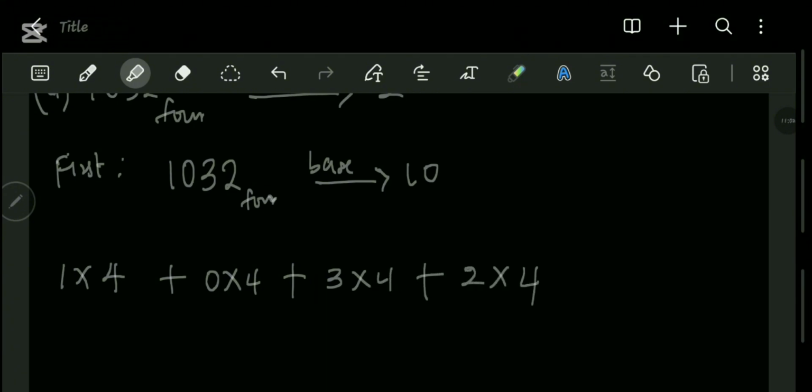I can add powers starting from the right hand side on top of the base, which is 4, on top of each of these 4s, starting from the right hand side with 0. So on top of this one I'm having 0, this one 1, 2, and then 3, right? So I can secure this.